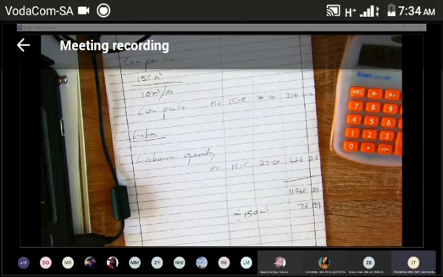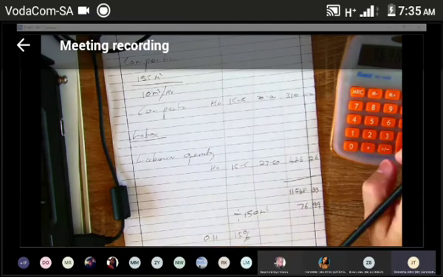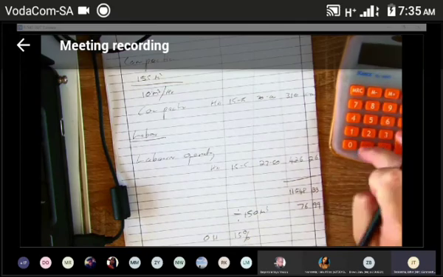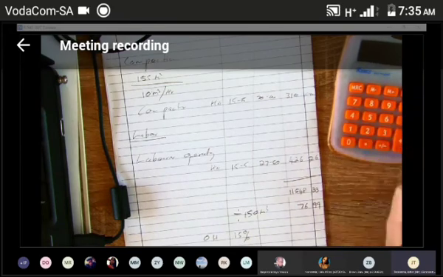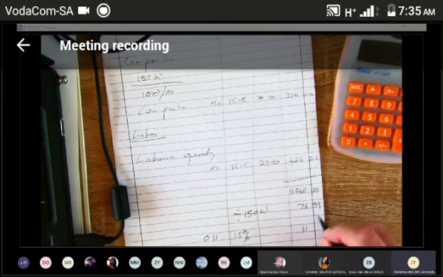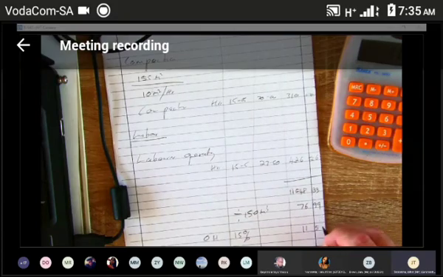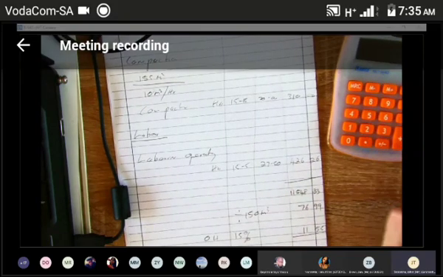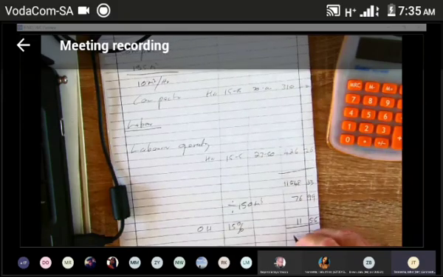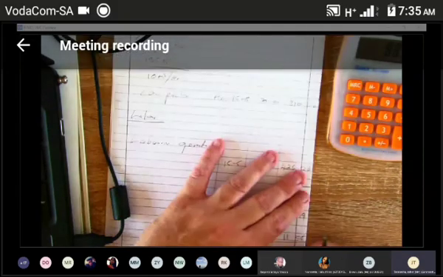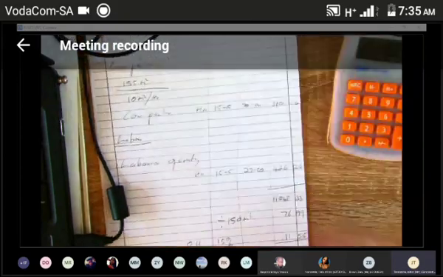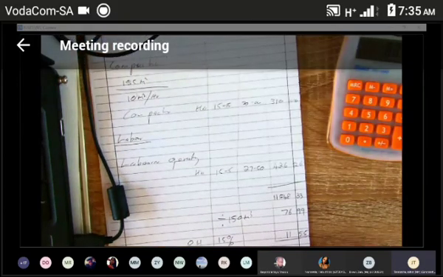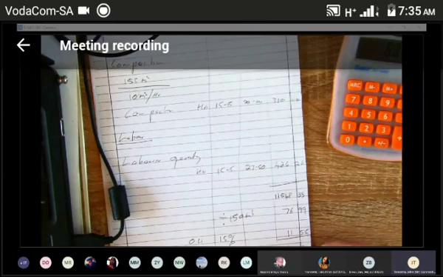And then I must add my overhead of 15%. That's 11 rand and 55 cents. Plus equals 88 rand and 54 cents.